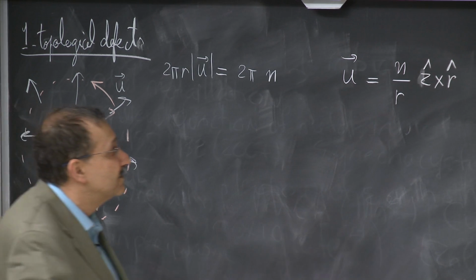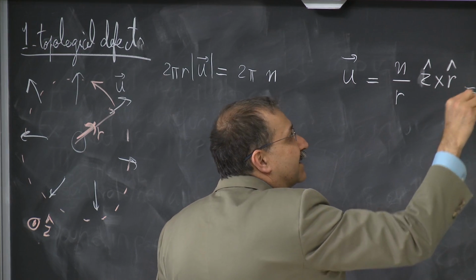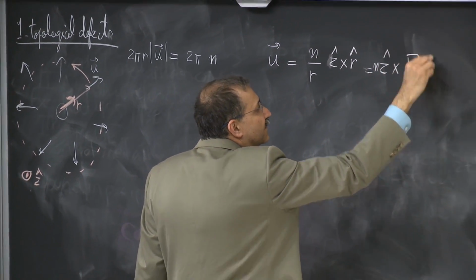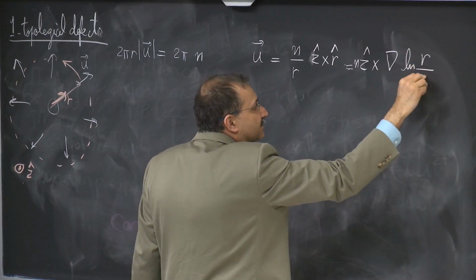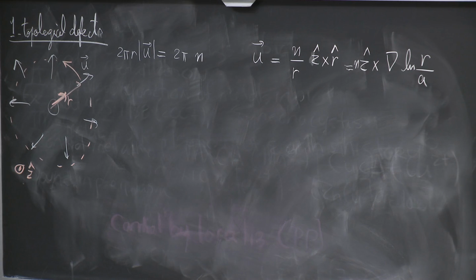And this I can also write as z hat n crossed with the gradient of log of r with some cutoff, because the gradient of log of r will give me essentially 1 over r in the direction of r hat.